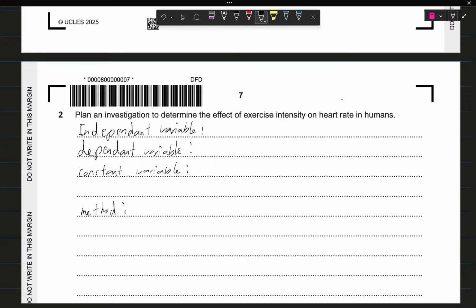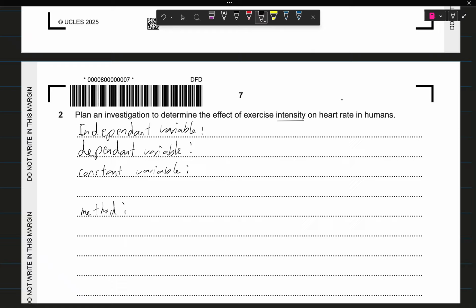For example, you can test a variety of exercises, like running compared to walking, compared to let's say hiking. Or you can have one specific exercise, but to vary the intensity, you vary the length and the duration of the exercise. Both are viable.